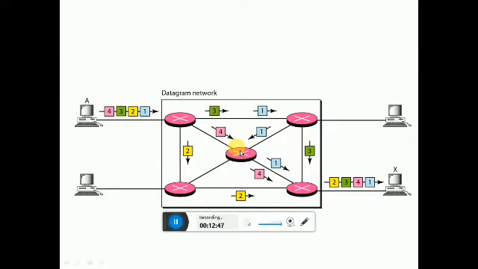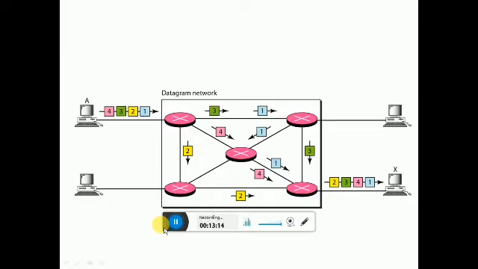If a source sends a packet and there is a delay of a few minutes before another packet can be sent, the resources can be reallocated during this short duration of time for other packets and other sources. There is no setup phase and tear down phase in a datagram network.